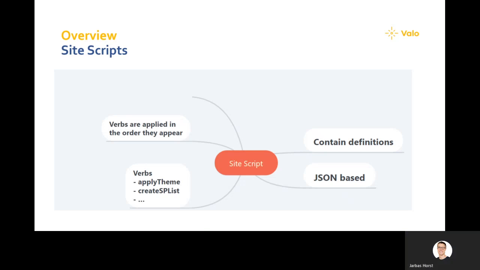Now, those verbs are applied in the order they appear. So if I first define that the theme will be applied and then the list will be created, this is the order in which things are going to be changed in my site collection. And we have a limitation here. It means that you cannot have more than 100 site scripts in your tenant.